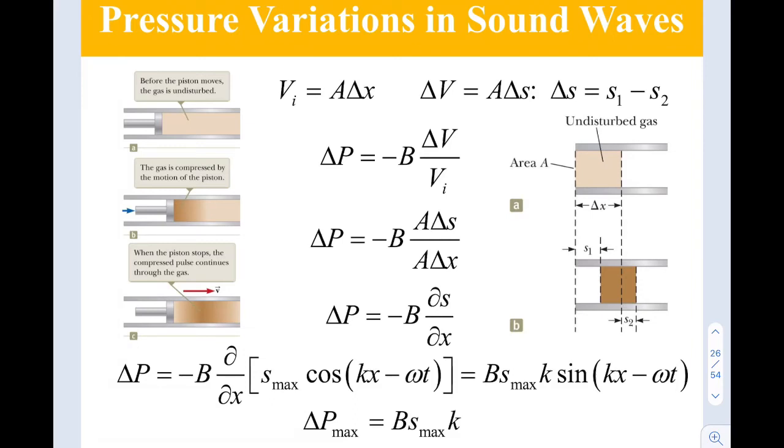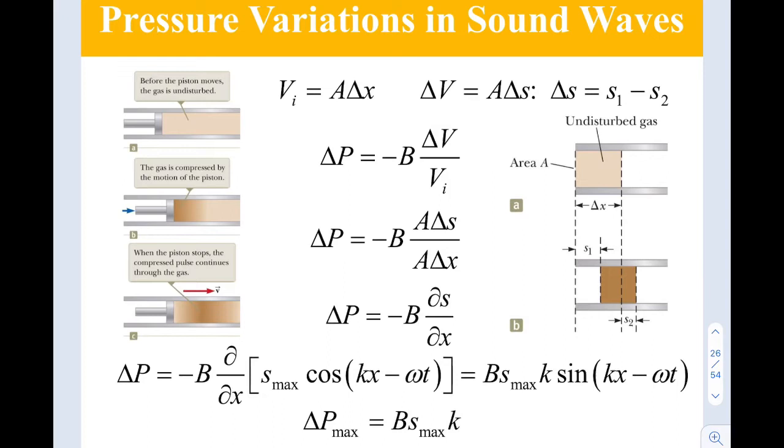If we refer to this diagram, before the piston is moved, the gas is undisturbed. Whenever the piston has compressed, there is a compression region experienced by the gas. When the piston stops, the compressed pulse continues through the gas. This is a similar diagram to the previous slide.